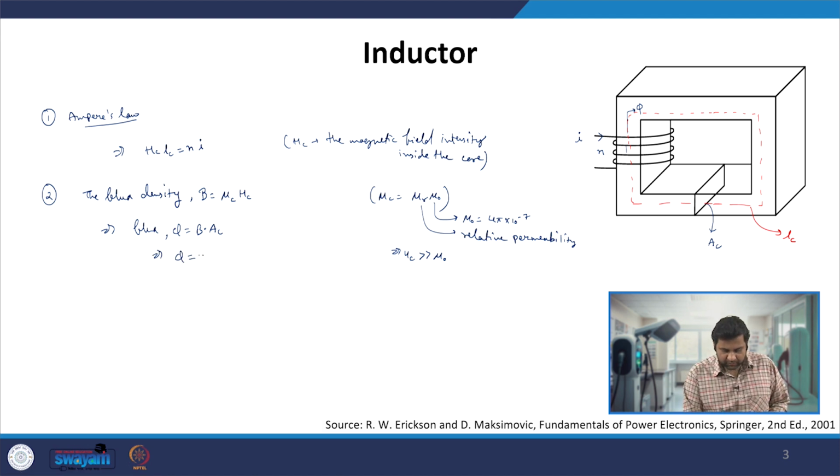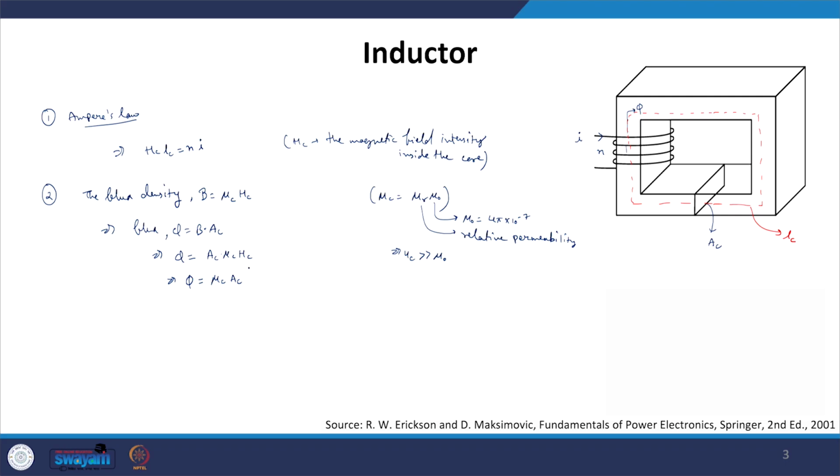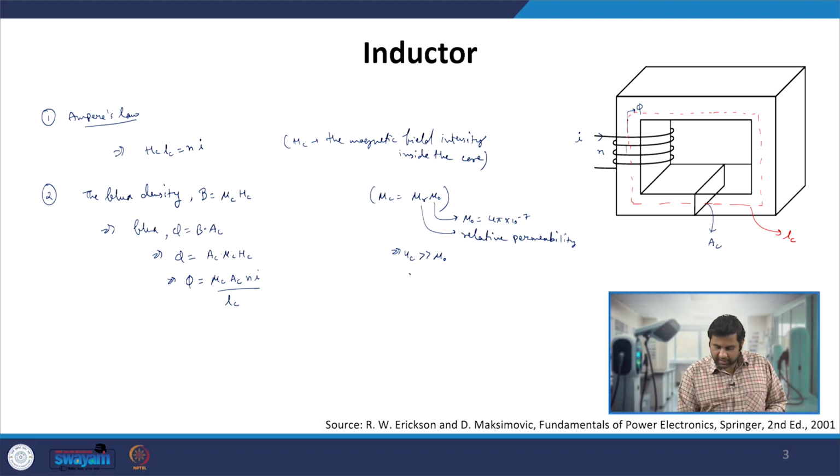That implies flux is Ac mu c Hc, and that implies flux is mu c Ac n I by Lc. This is the flux we got, where n is the number of turns and I is the current excitation given to the inductor.